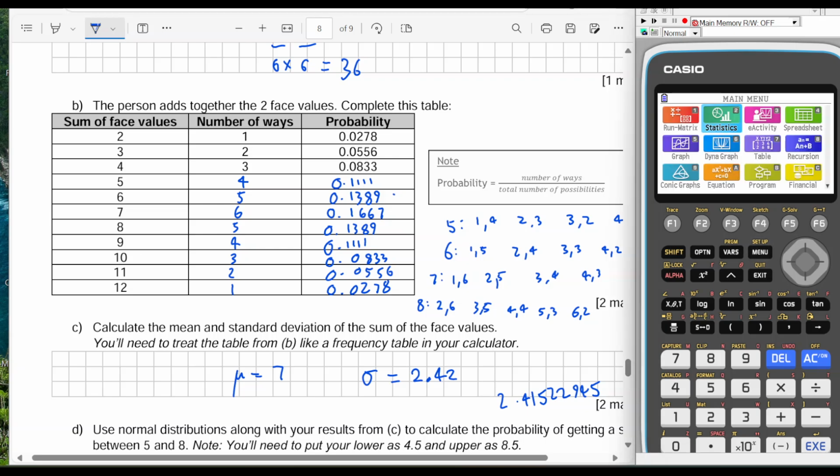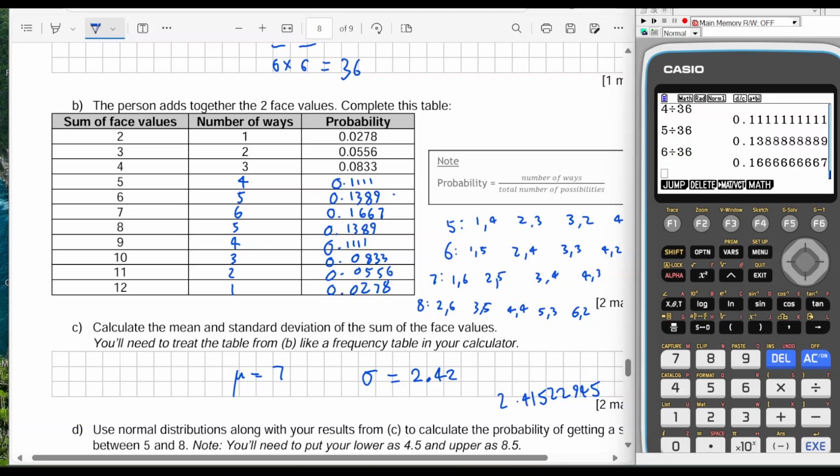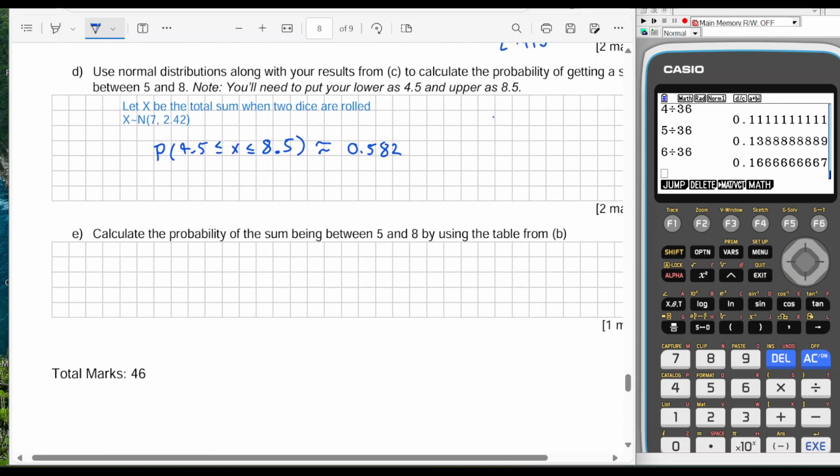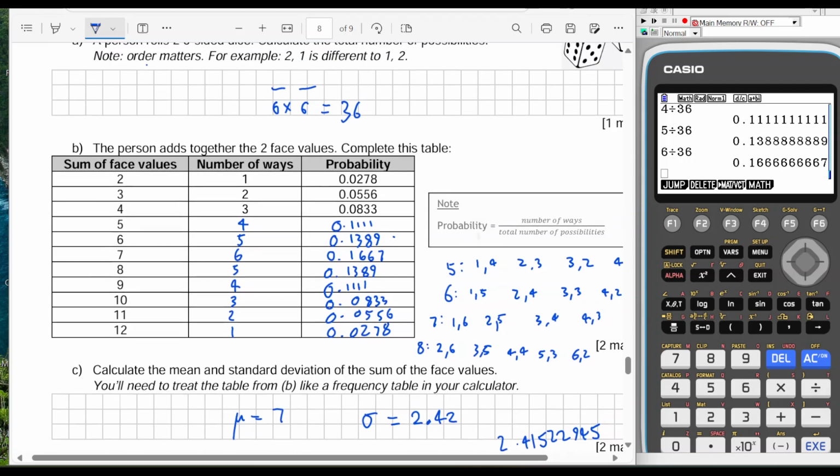So the numbers that I'm after are, what I might do is the probability that 5 is less than X is less than 8 equals the probability that we're equal to 5, the probability that we're equal to 6, the probability that we're equal to 7, and the probability that we're equal to 8. Okay. So I'm going to put roughly equal. Actually, I'm going to put exactly equal to this.